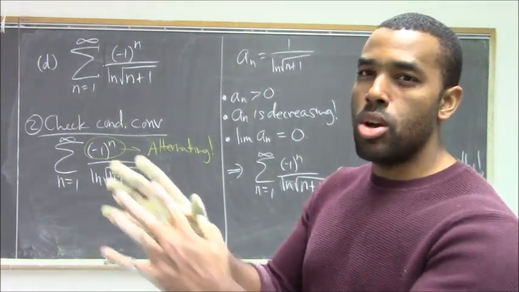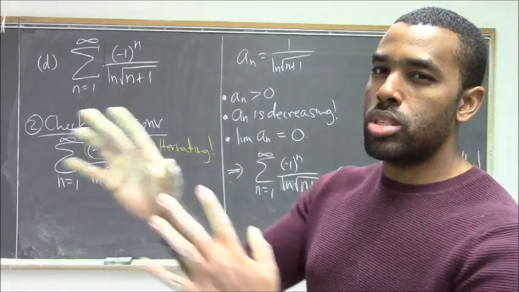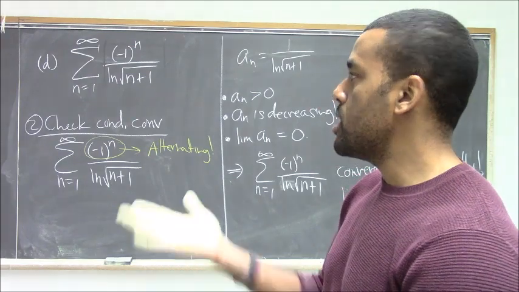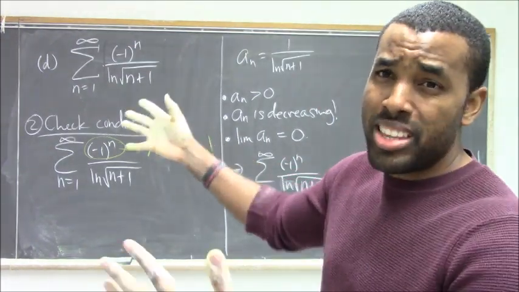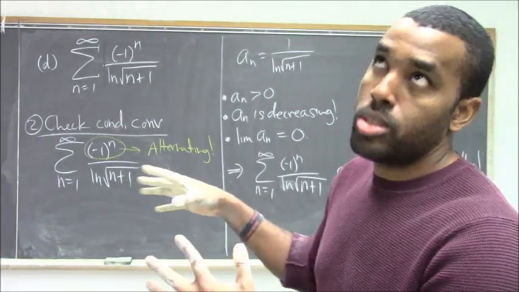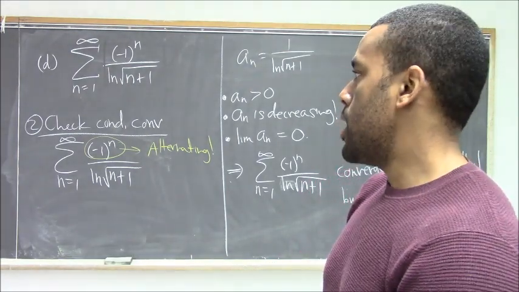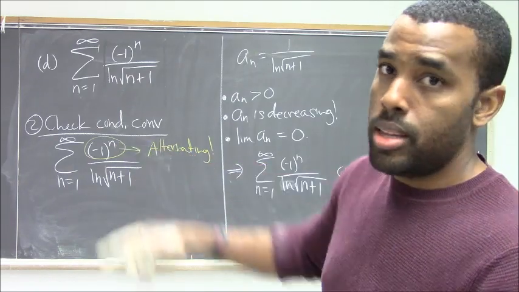If you didn't notice that you should have used something that I used, maybe you should look into that. Like if you did something besides the alternating series test, which I think is pretty much the obvious choice here, you're going to want to look into the alternating series test. Why would I choose that? And pretty much it's because I saw that minus 1 to the n right there.